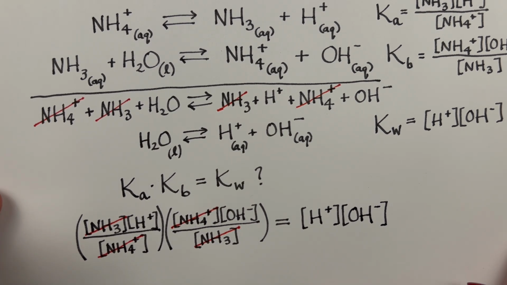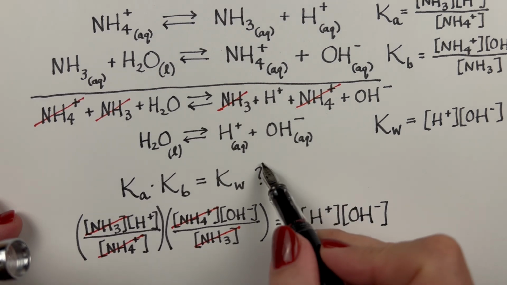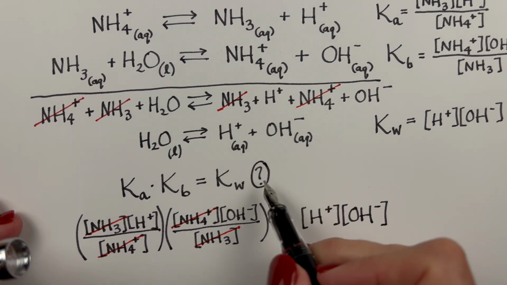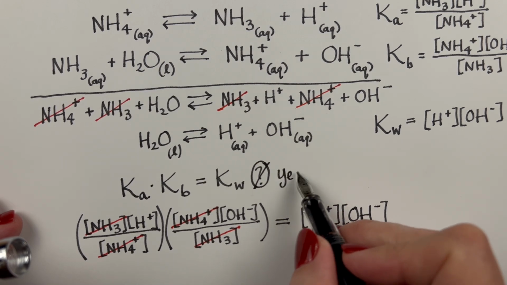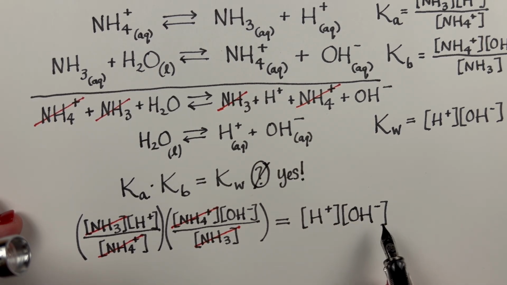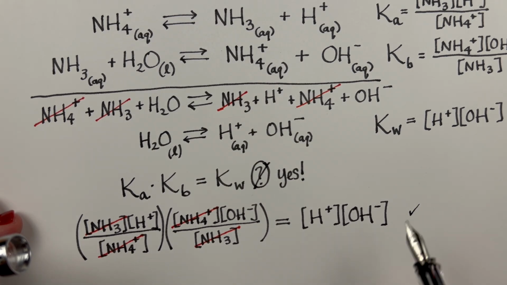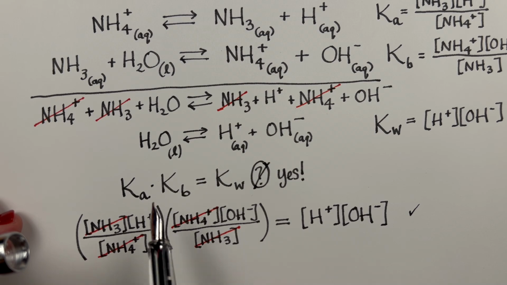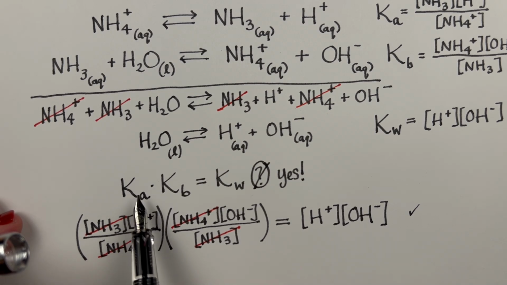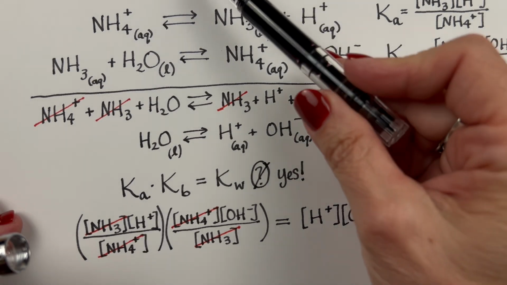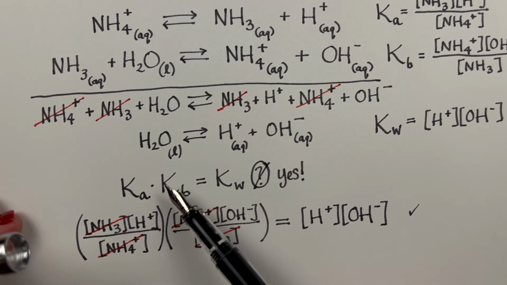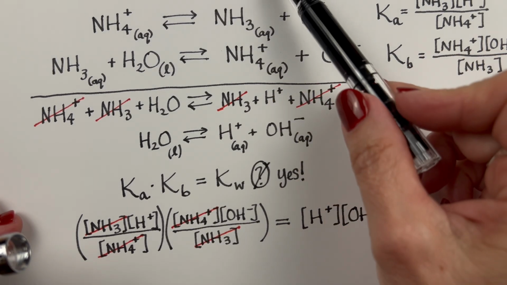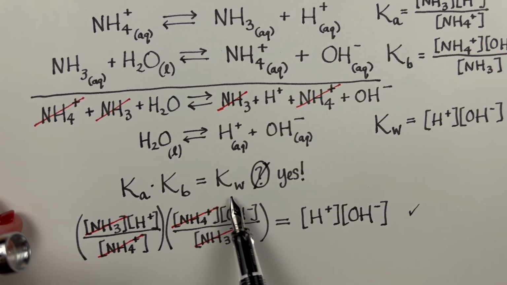So this allows us to do all sorts of calculations and determinations. And I should say, no longer is that a question. It is a yes, right? We just showed this to be true. Check. So, if we know the Ka value for an acid, but we do not know the Kb value for its conjugate base, we could calculate it because we know what Kw is.